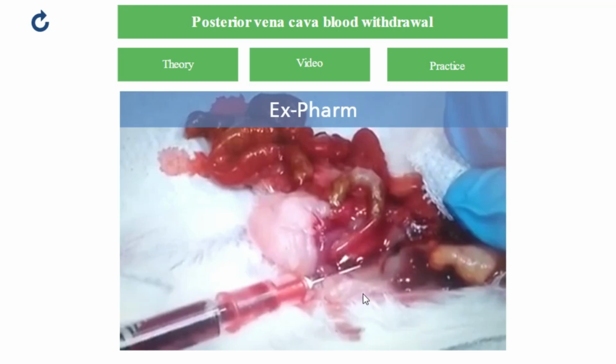It is possible to save the animal after cardiac puncture, but after this method it is very difficult to save the animal. So you have to use this method only when it is decided that you are going to sacrifice the animal.